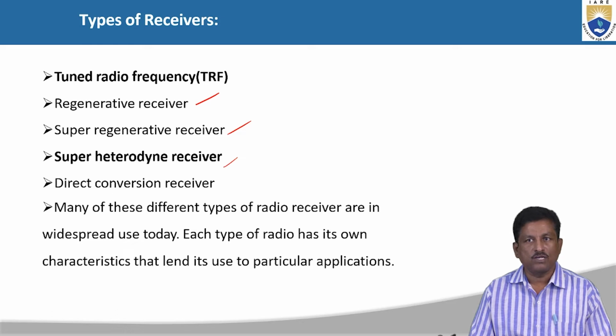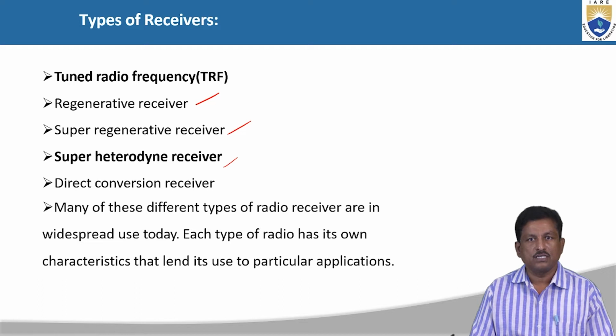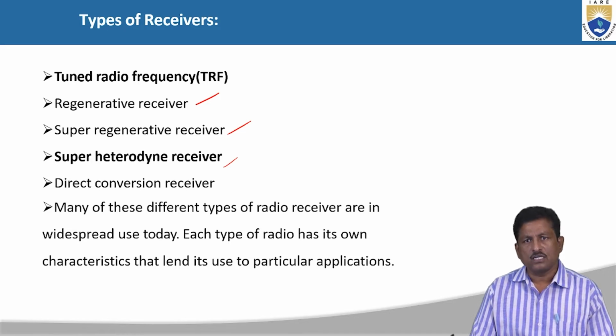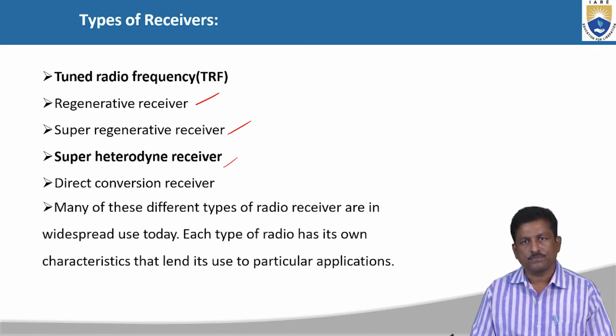That intermediate frequency should be 455 kilohertz only. Whether the operation is difference or multiplication, the difference between the received radio frequency signal and the locally generated frequency signal should be the IF, that is 455. That is the basic principle of the super heterodyne receiver.